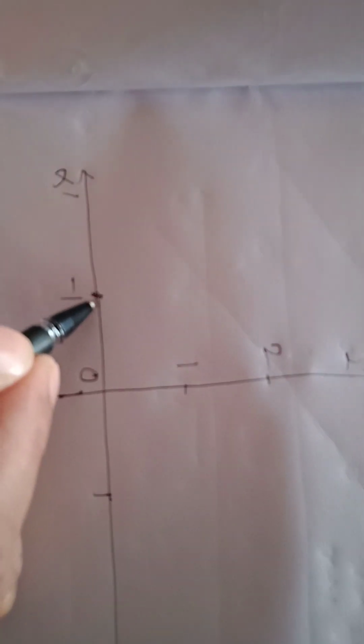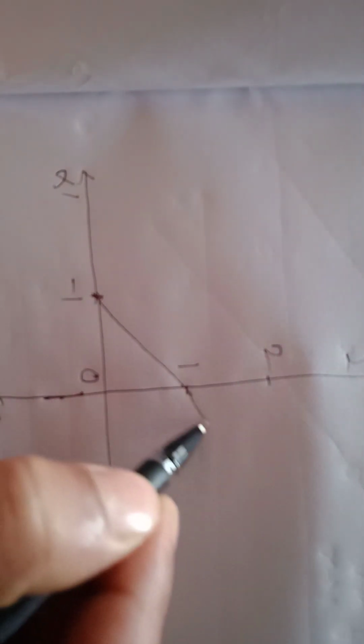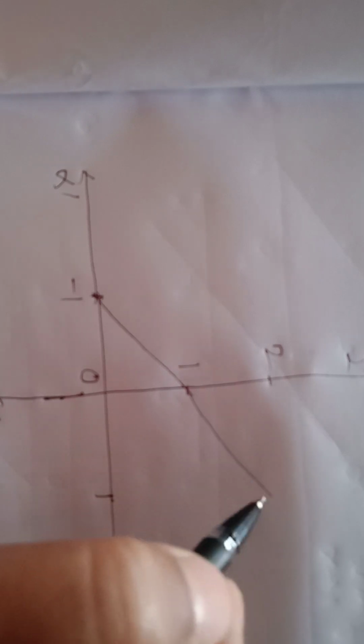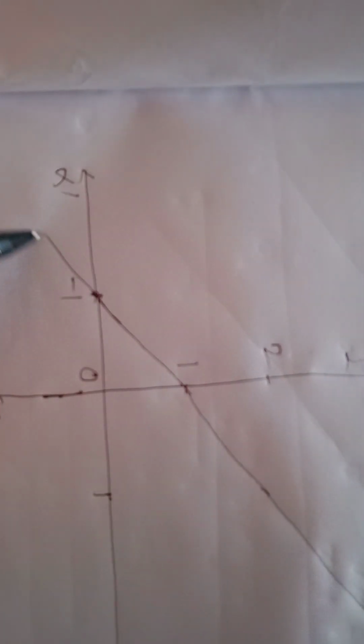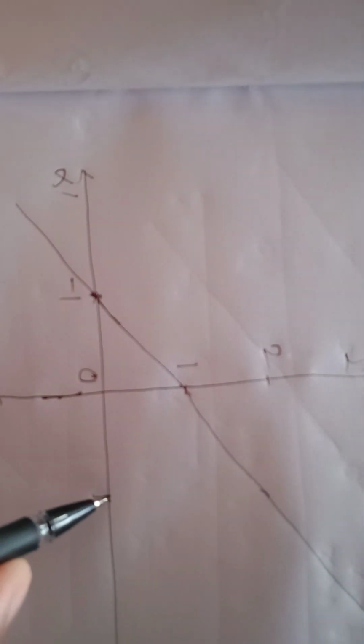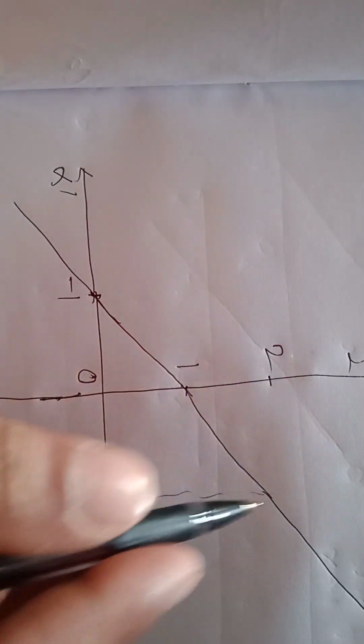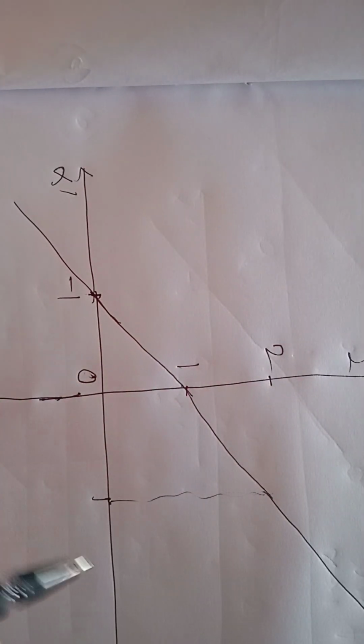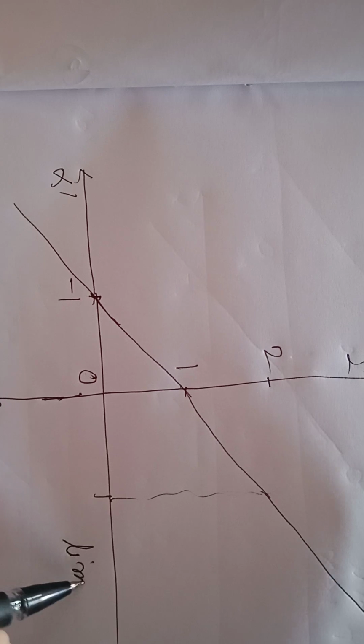Now the graph of this function should be like this. Now see this function: when x equals 1, h(x) equals 2, and the limit as x tends to 1 of h(x) equals 2, also h(1) equals 2. This function also has the limit value and functional value the same.